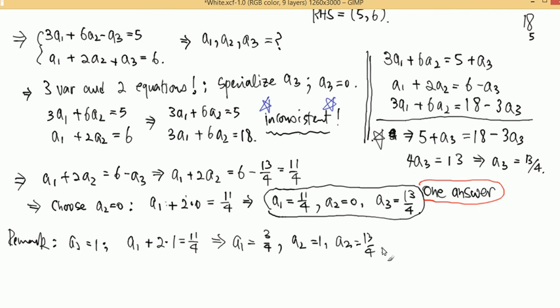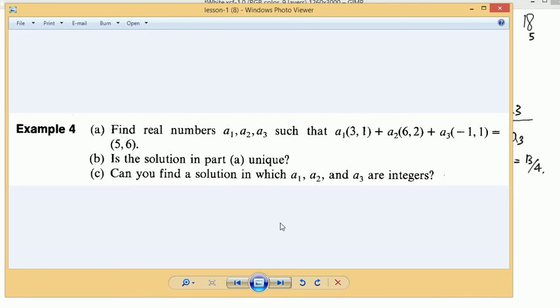I claim that if you plug in these three numbers here and there, these two equations are satisfied. Again, if you choose A2 being something else, pi for example, and plug it in here and solve for A1, those three numbers still satisfy this equation, and so on. So that answers the second part. There is no unique solution. These two triples of numbers satisfy the two equations originally given.